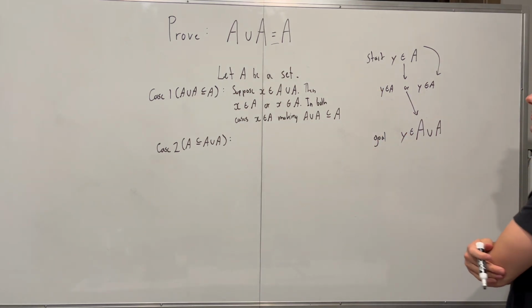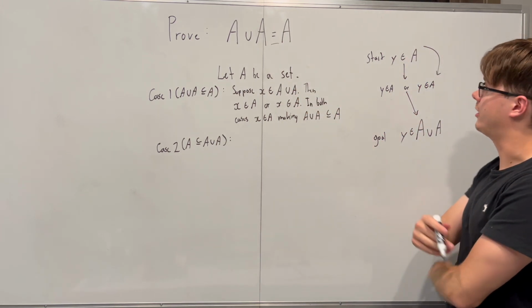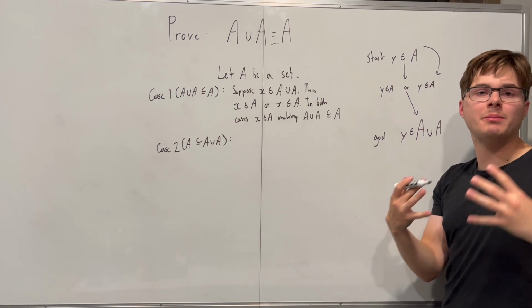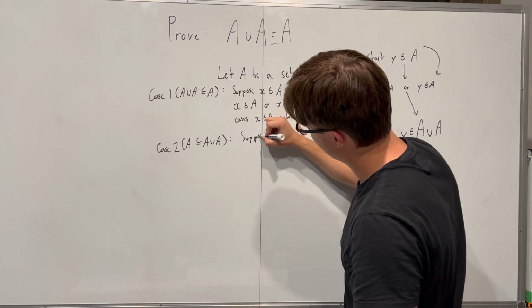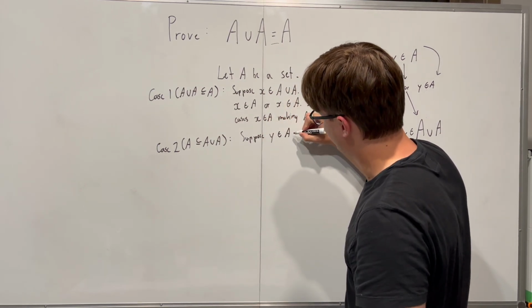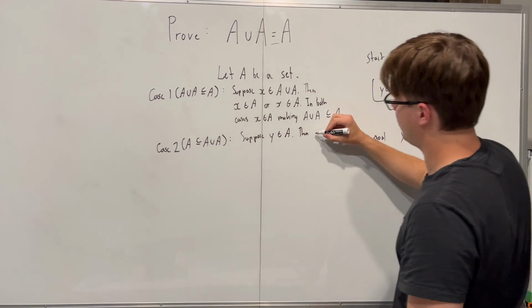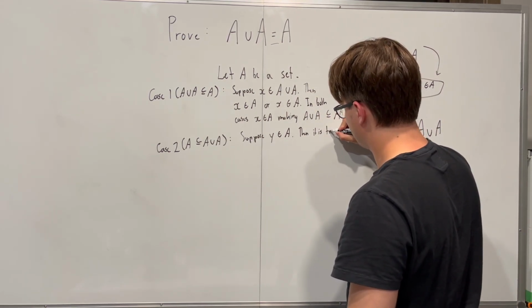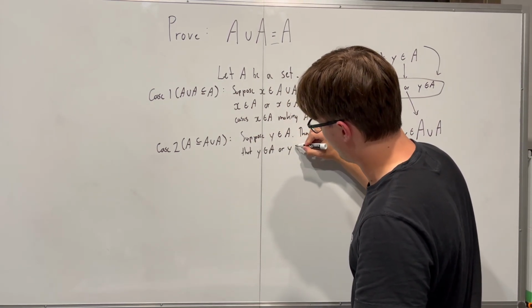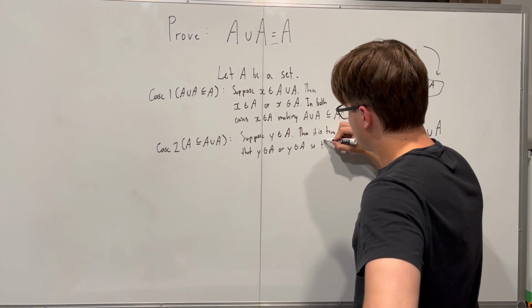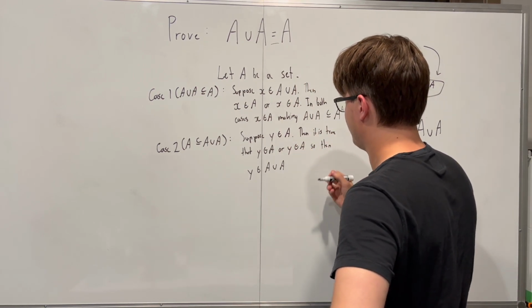So let's go ahead and write this down in our actual mathematical language. So what are we going to do? We're going to start similarly to how we started with case one. We're going to suppose our element, our representative of the set we're starting with. So we're going to say, suppose y is an element of A. And now we can say, then, now we're going to get to our second line, then it is true that y is an element of A or y is an element of A. So then y will be an element of A unioned with A. Well, there we go.